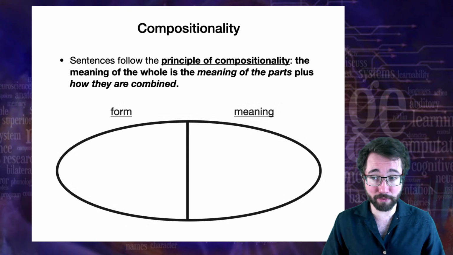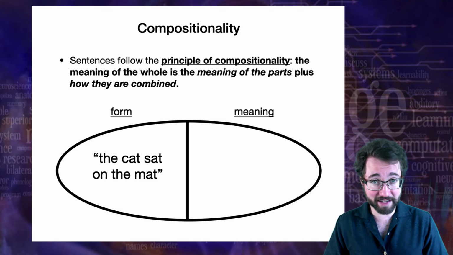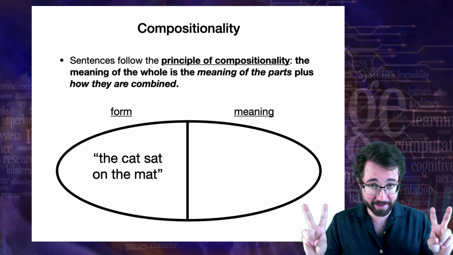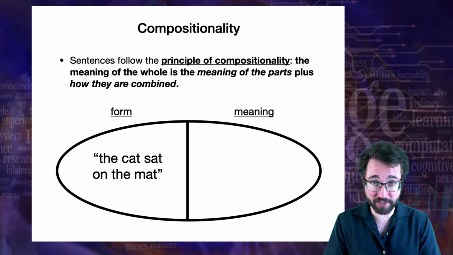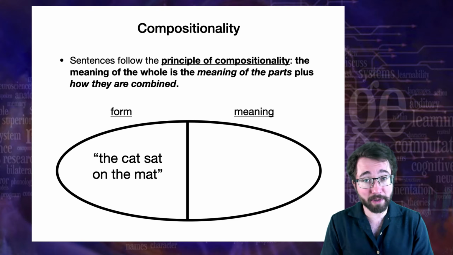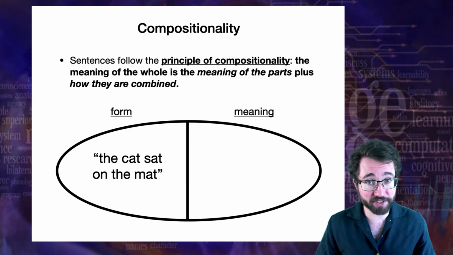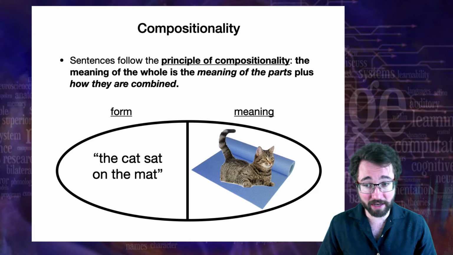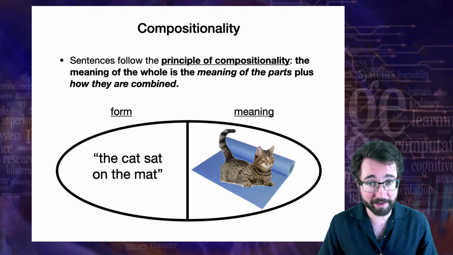So here's an example, a sentence in the English language. The cat sat on the mat. Now, if you've never heard this before, you can still understand it. And that's because the parts of the sentence correspond to parts of the meaning in a systematic way, and that's compositionality. So this is the meaning. You have this furry feline creature sitting on a soft thing.